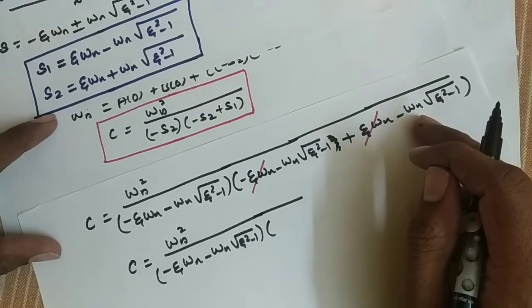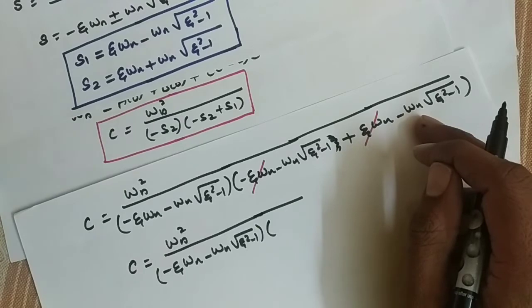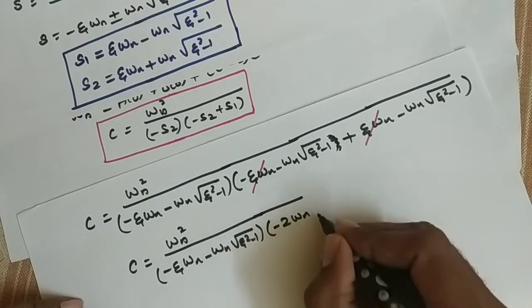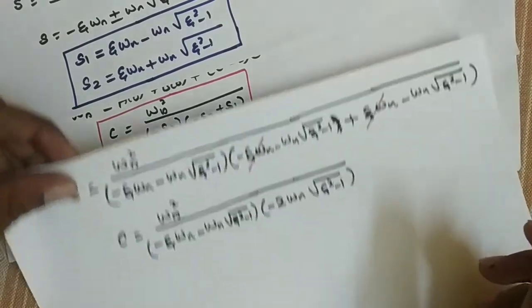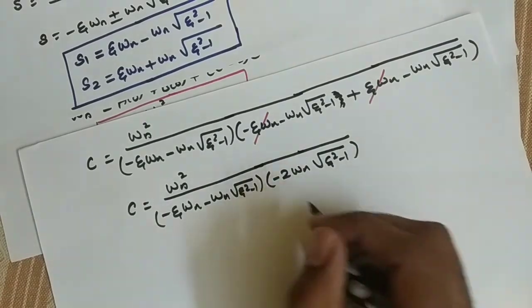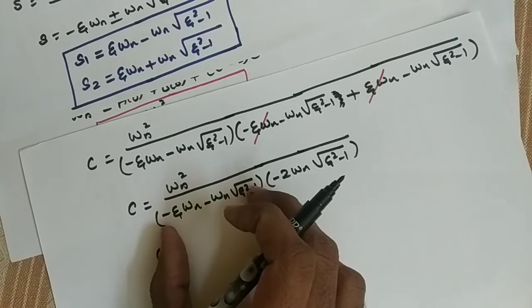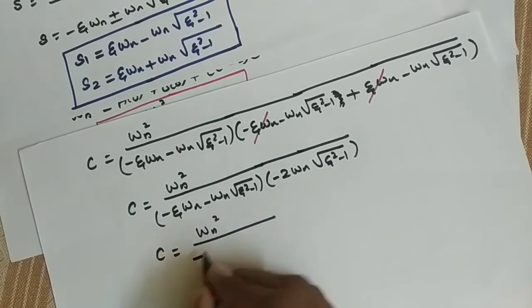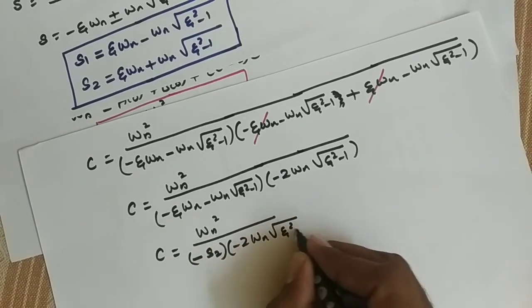So we are getting minus 2 omega n root of eta square minus 1 in the denominator term. So C is equal to, we are going to replace this term by minus S2, omega n square divided by minus S2, right, minus 2 omega n root of eta square minus 1.